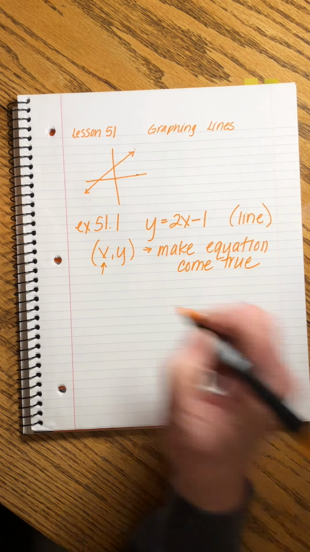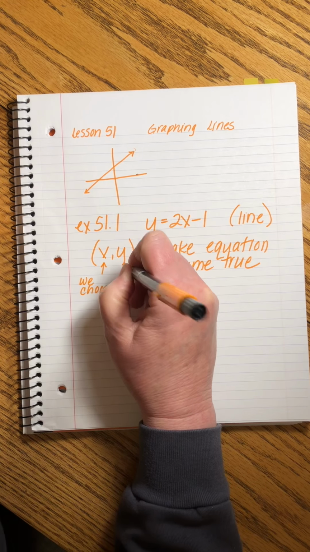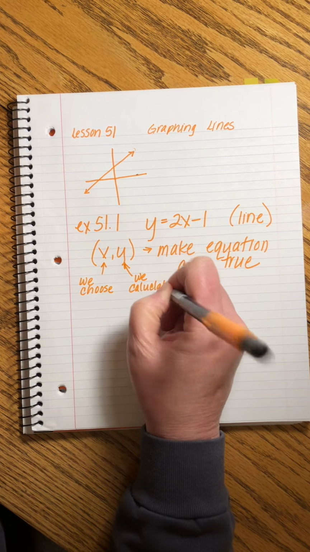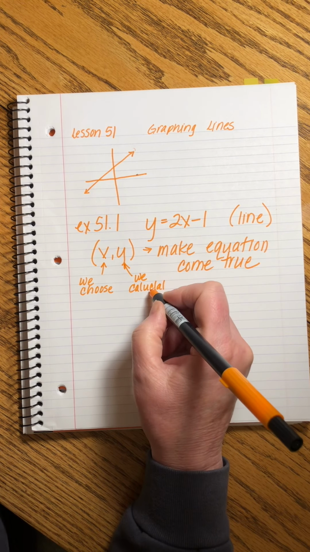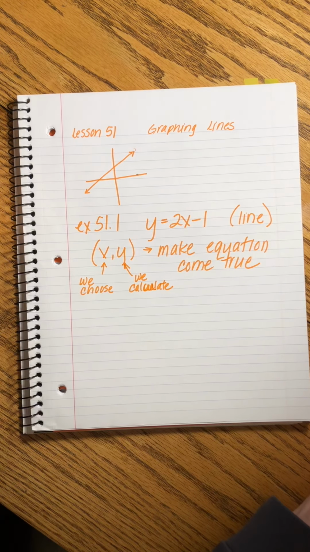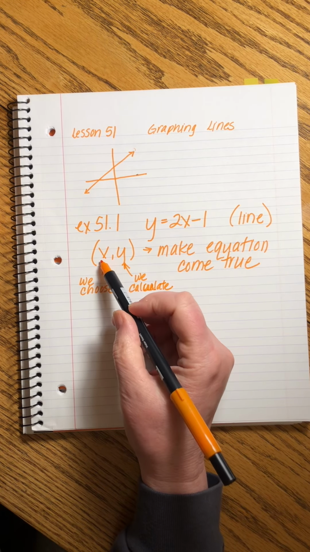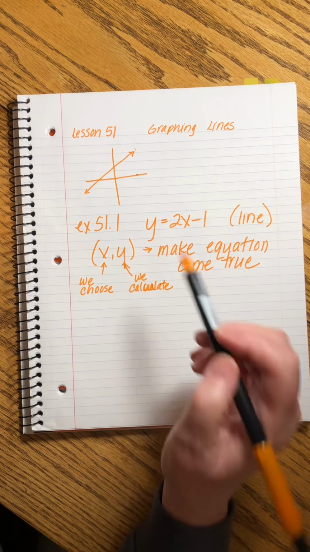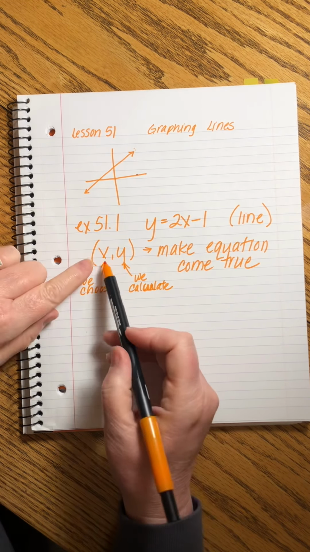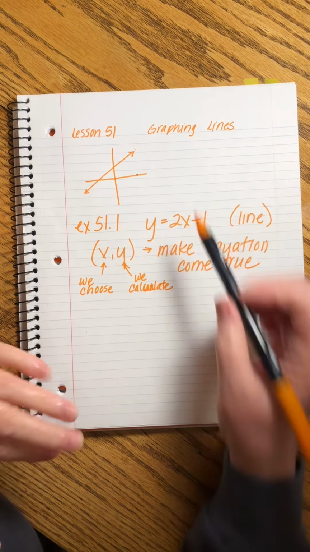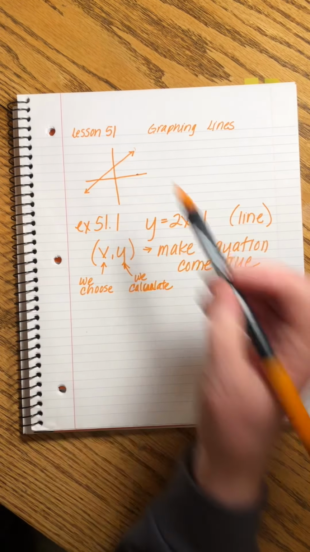We choose these, and then the y values we calculate. All right, so we will pick the x values and then use this equation to calculate the y values. That will give us pairs of x's and y's, and those are the points that lie on this line. We'll use them to determine the line.